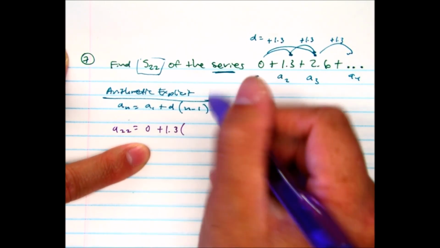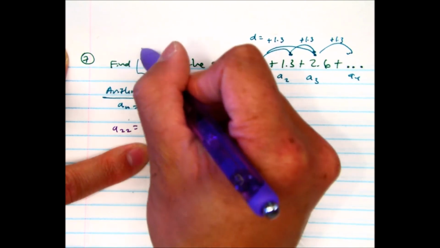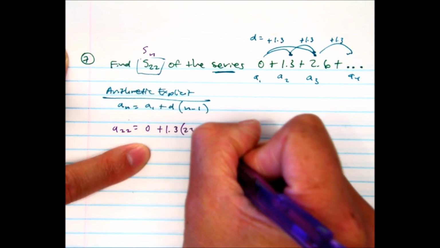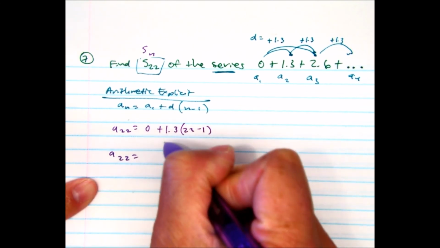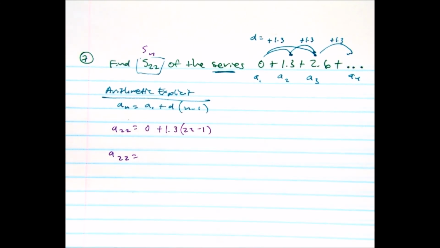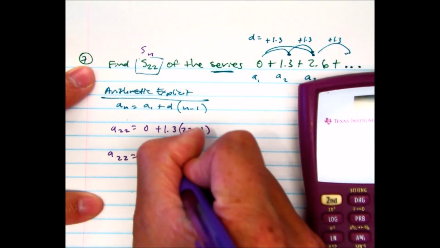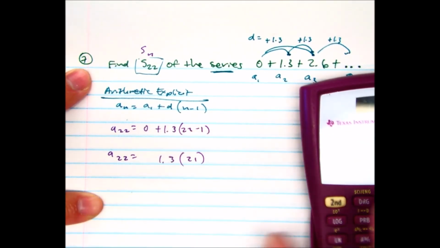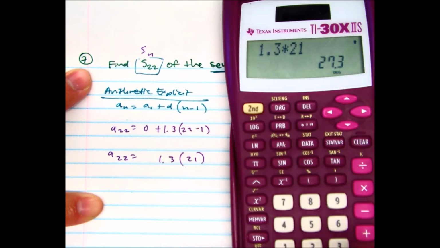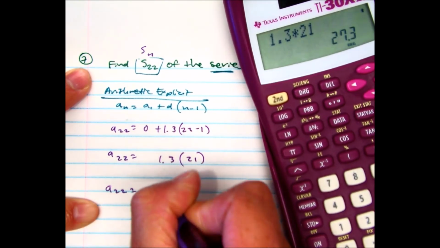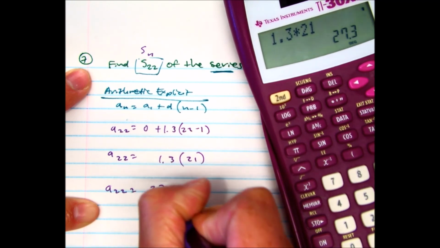And my n value is 22 minus 1. So I get 0, we don't have to write that, plus 1.3 times 21. So 1.3 times 21 gives me the 22nd value in the list, which is 27.3.